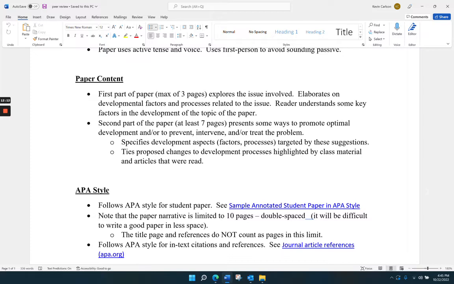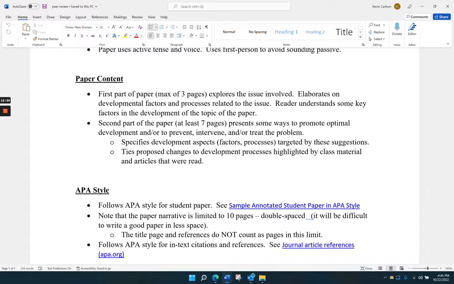Intervention tends to be sort of early on. So somebody is developing that problem, but you do an early intervention to try to make sure it doesn't go too far. And then treatment is they've gone far. They're in trouble. They already have some deep problems from this thing. So how do we treat that?